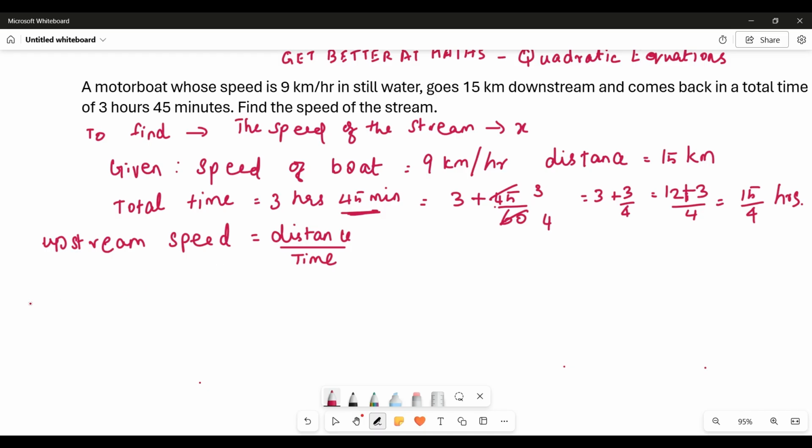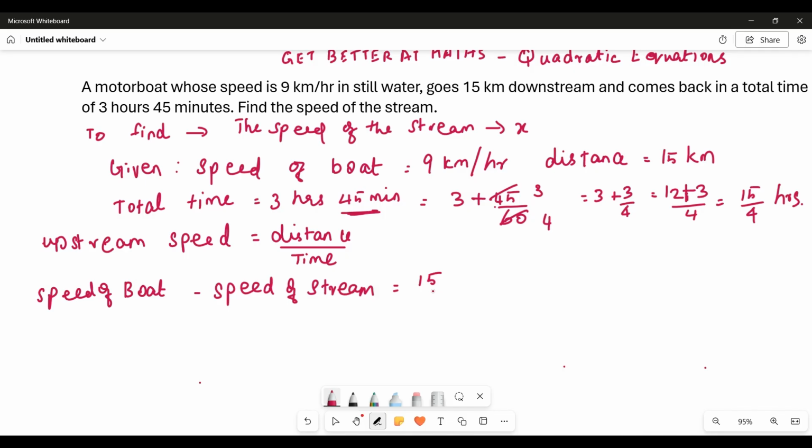Upstream speed will be speed of boat minus speed of stream, and the distance is 15 kilometers. It is clearly mentioned in the question that it goes 15 kilometers downstream and comes back 15 kilometers. When they say comes back, they are talking about the upstream distance.